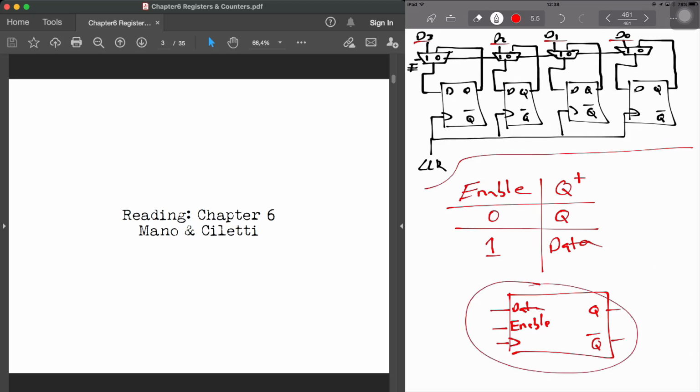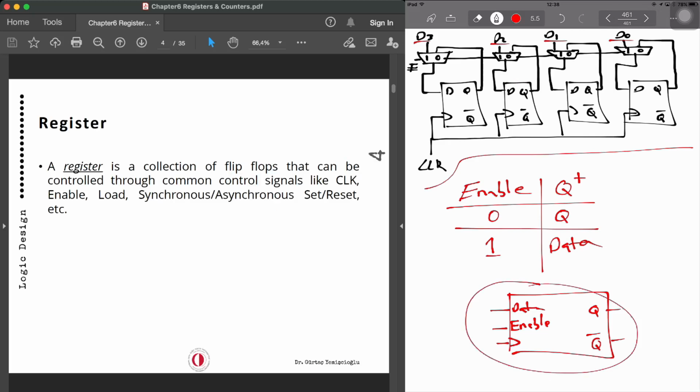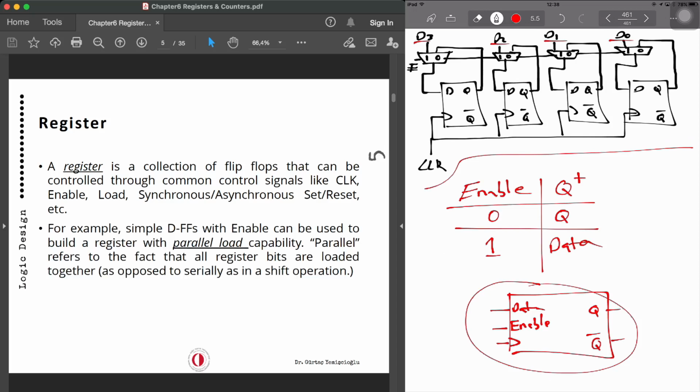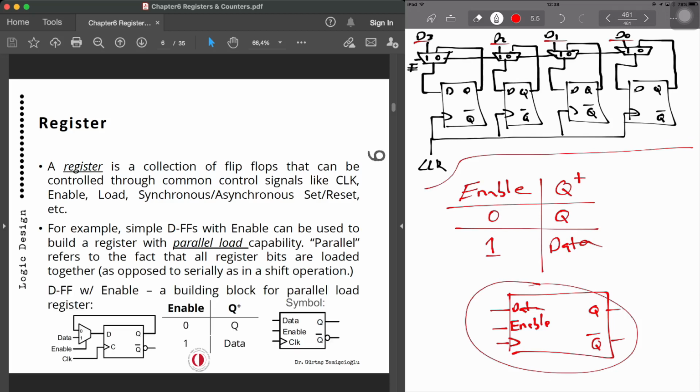So if we continue from the slides, registers, as we already said, are a collection of flip-flops. By using an enable, we can easily implement a parallel load capability. So this is what is demonstrated. And if you want to have 4 bits or 8 bits or 16 bits of that, we can just use that symbol, duplicate it, and connect all the inputs and outputs accordingly.